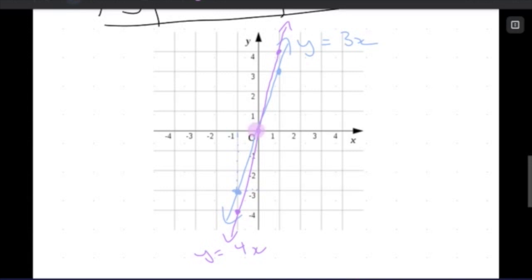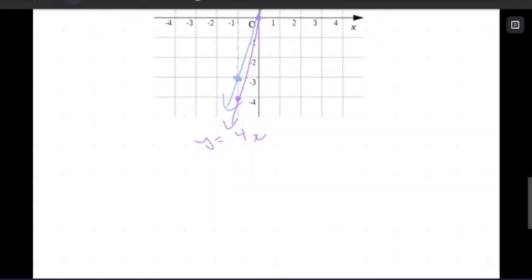So with my first graph, for x going up by 1, y went up by 3. But in the second case, for the same 1 unit change in x, I went up by 4 instead. So we would assume that this would produce a steeper graph. And the larger this number gets, the steeper my graph will become.